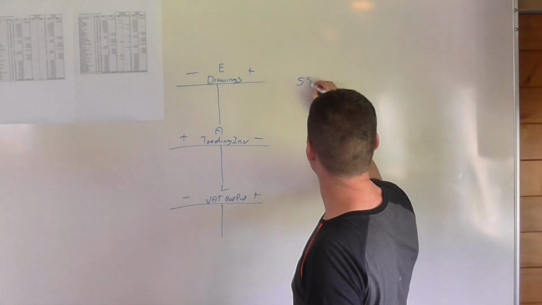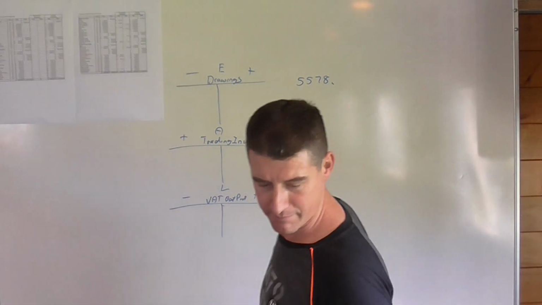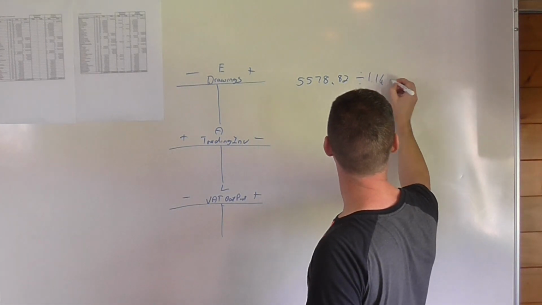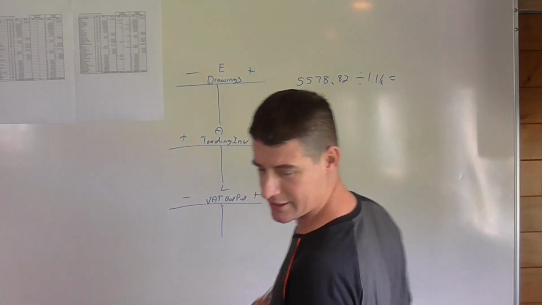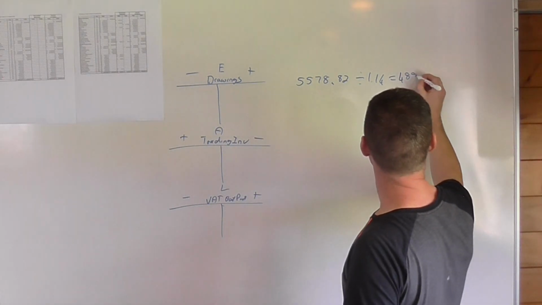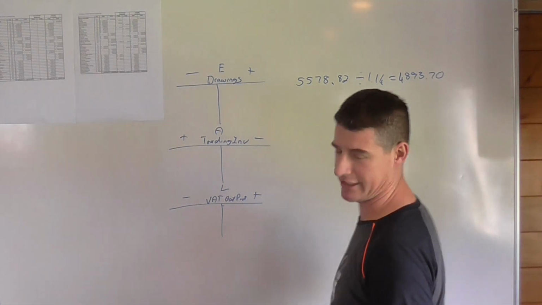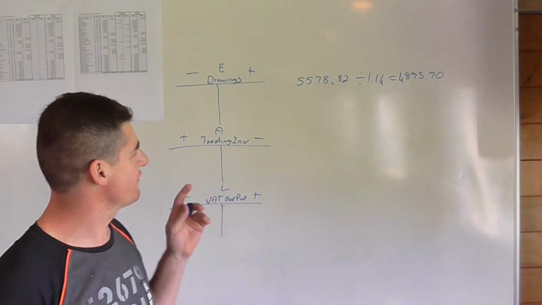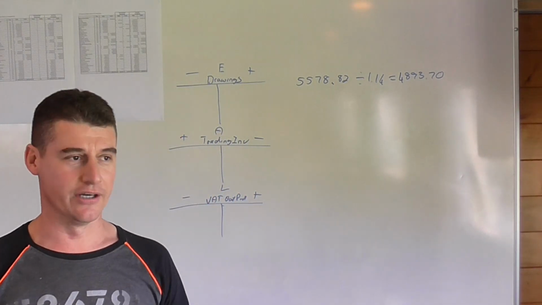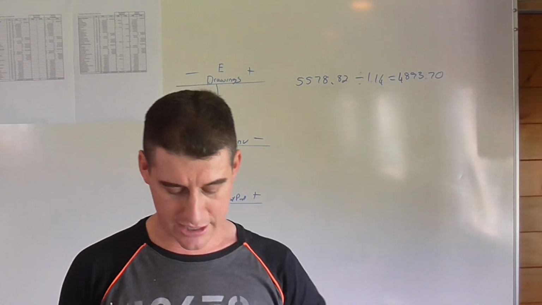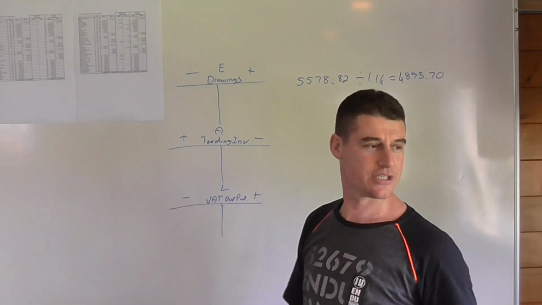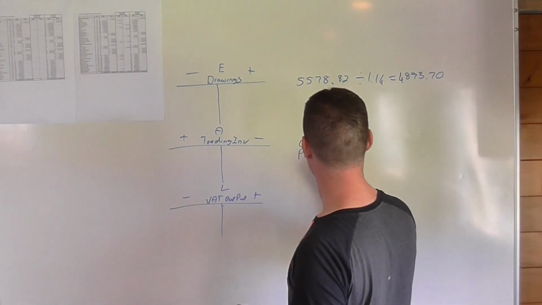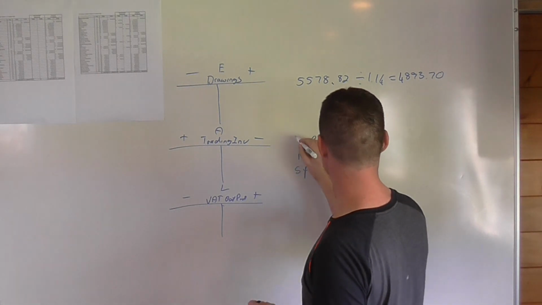So that'll be 5578.82 divided by 1.14, and that equals 4893.70. Okay, so the VAT exclusive selling price is 4893.70. So now we need to calculate the cost price, and for that we use our magic block. We've got our cost price, our profit, and our selling price.